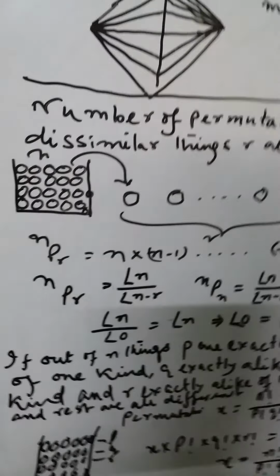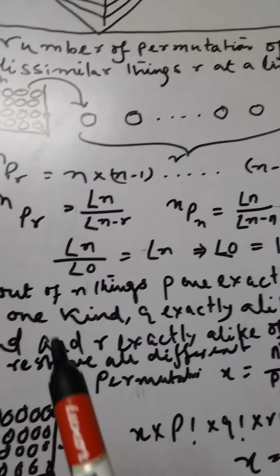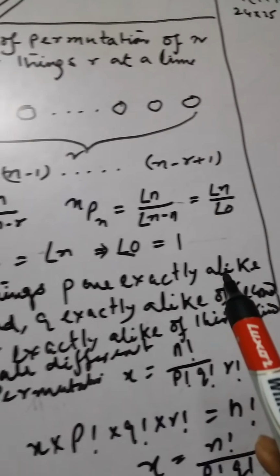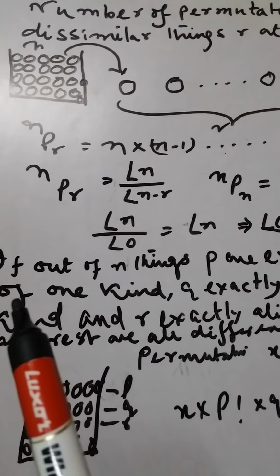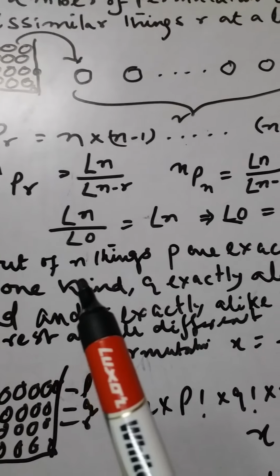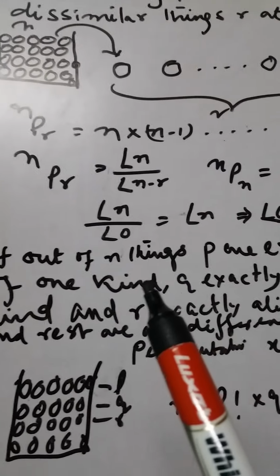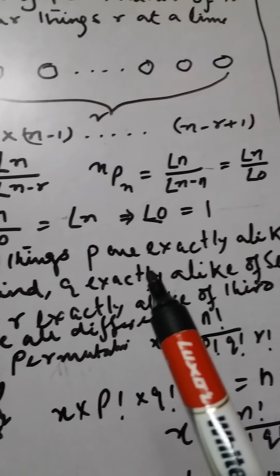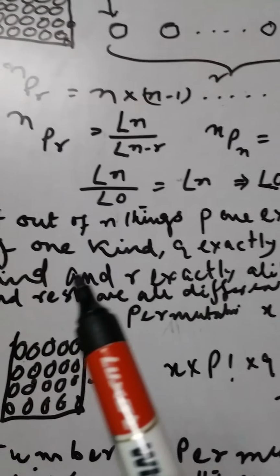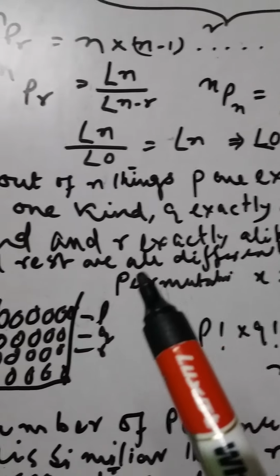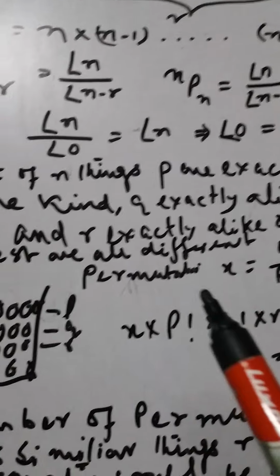Now, if out of n things, p are exactly alike of one kind, q exactly alike of a second kind, and r exactly alike of a third kind, then what will be the permutation?